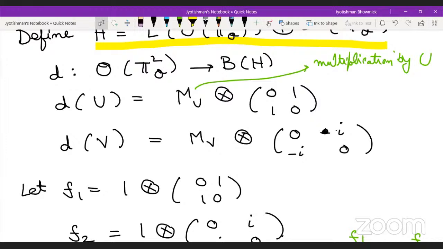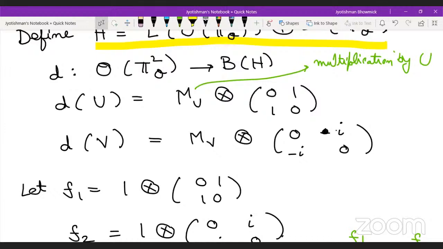But you also need some more conditions: this particular action needs to be isometric. Once you have a T2 sitting inside your isometric group, then everything goes through.